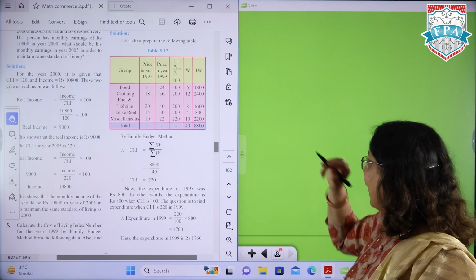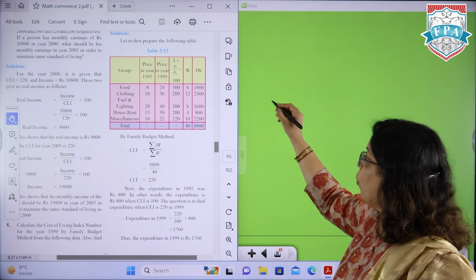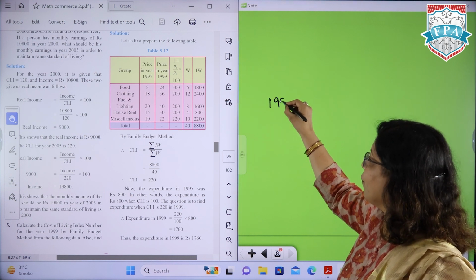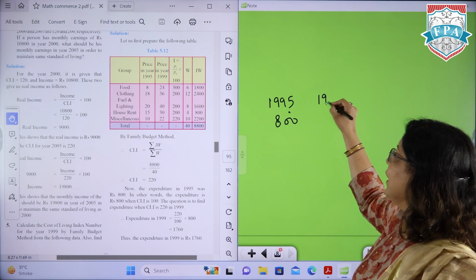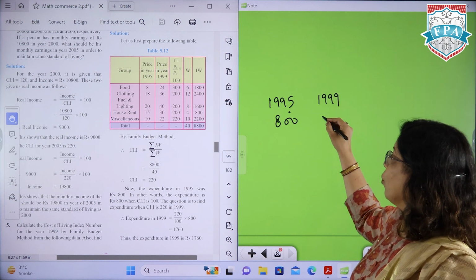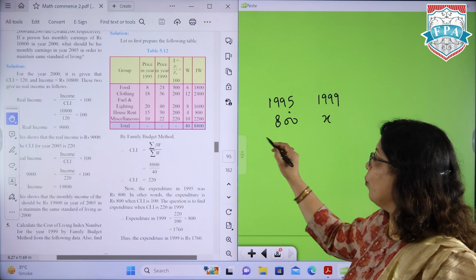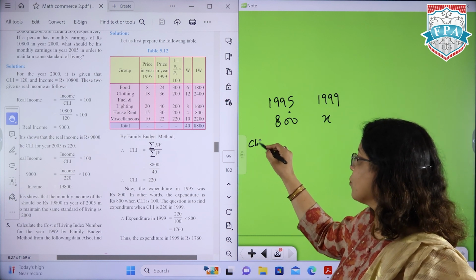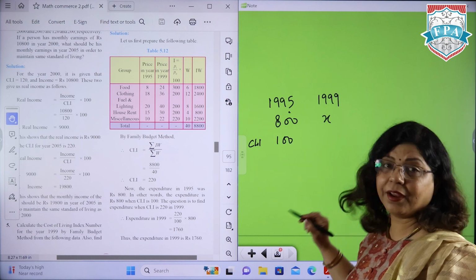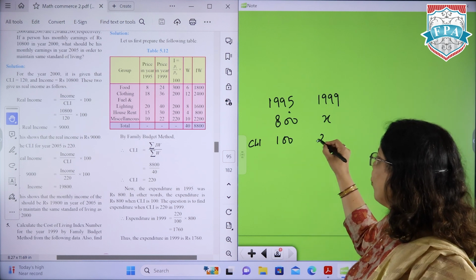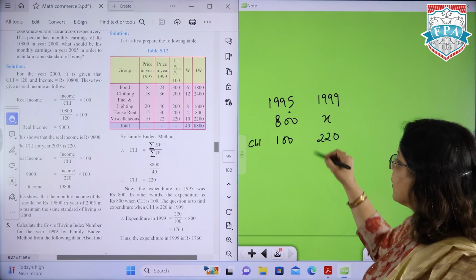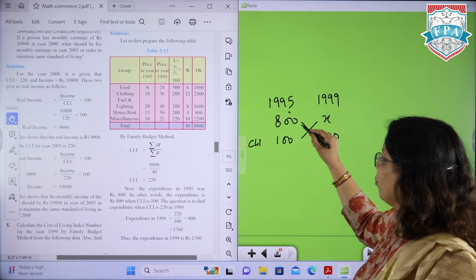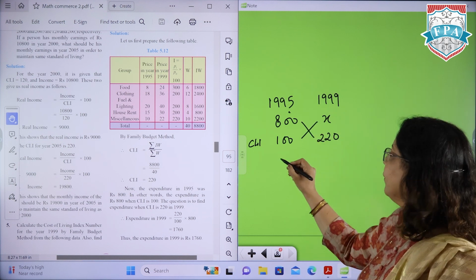To calculate that, we can use the unitary method also, that in 1995, the thing was 800. In 1999, what should be its value? So we'll go with the CLI of both the things. So this is 100, your base year. And this is 220, which we have just calculated. So using this, when you do unitary, you come with the criss-cross method.